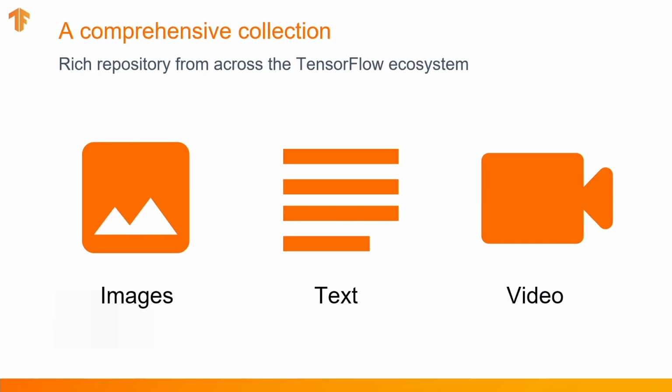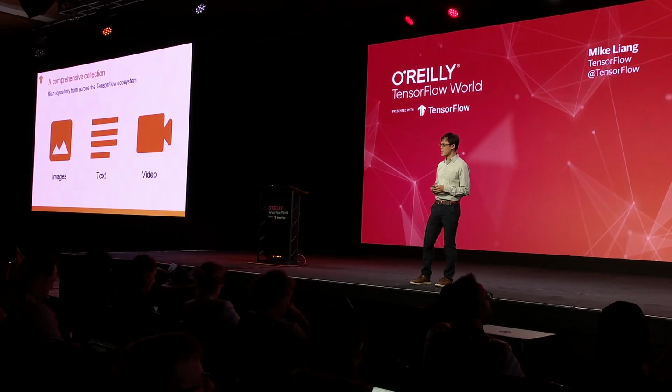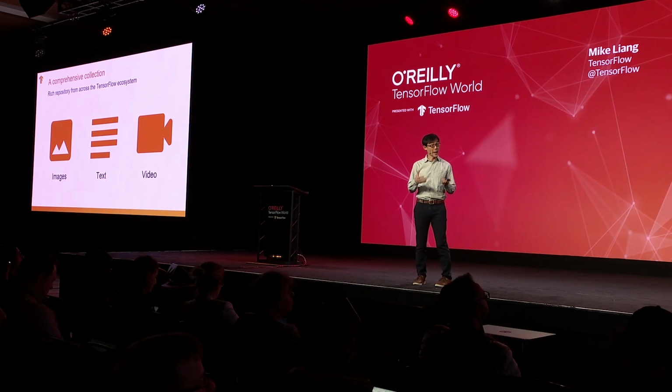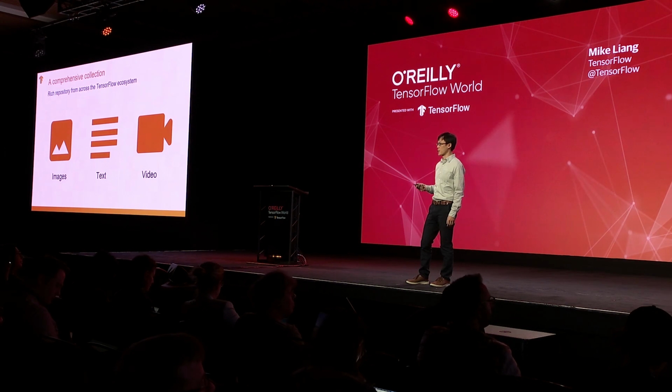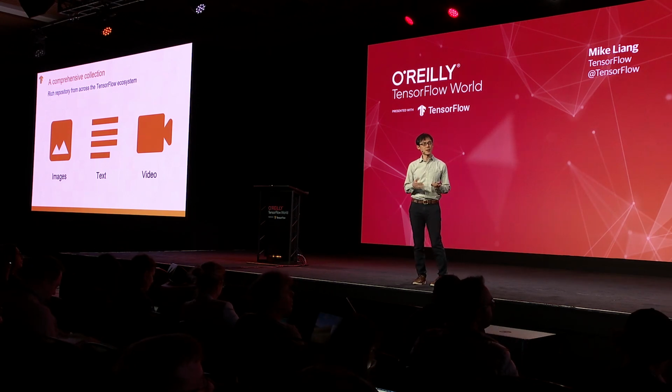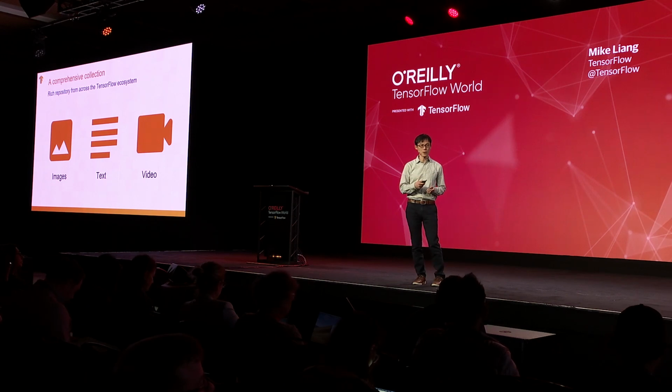TensorFlow Hub's rich repository of models covers a wide range of machine learning problems. For example, in image-related tasks, we have a variety of models for object detection, image classification, automatic image augmentation, and some new things like image generation for style transfers. In text-related tasks, we have some of the state-of-the-art models out there, like BERT and Albert and universal sentence encoders. And you've heard about some of the things that machines can do with BERT just yesterday.